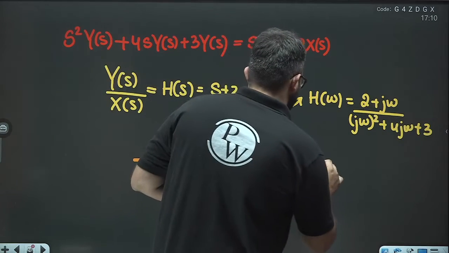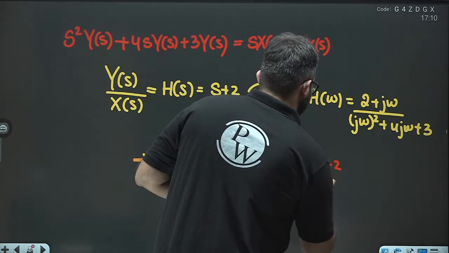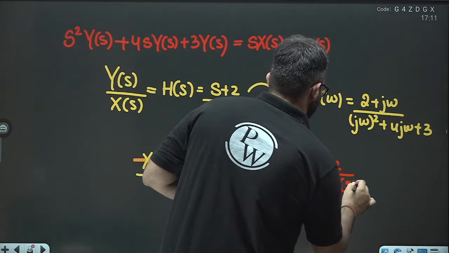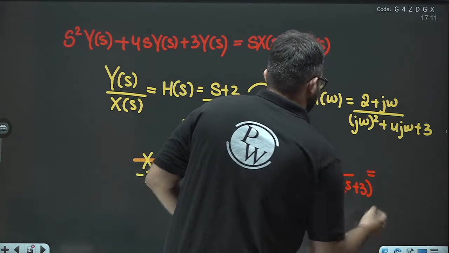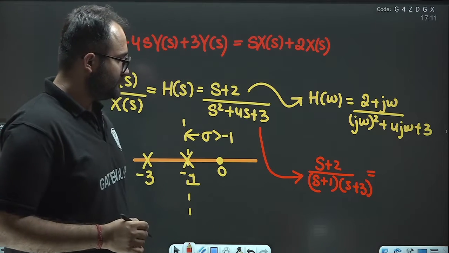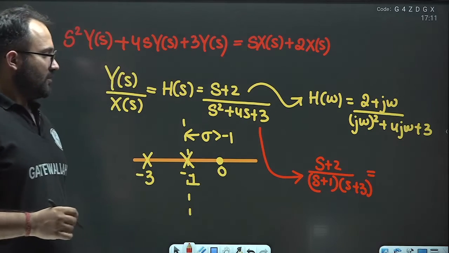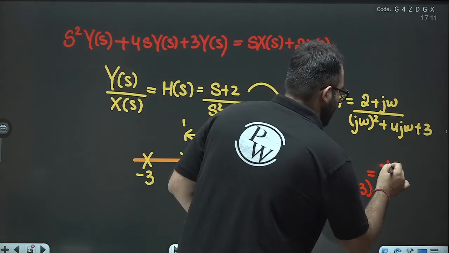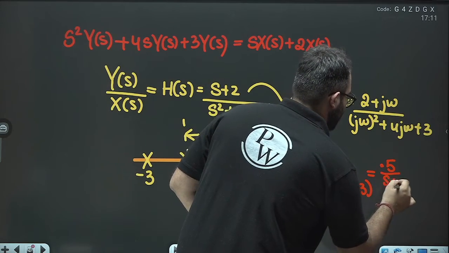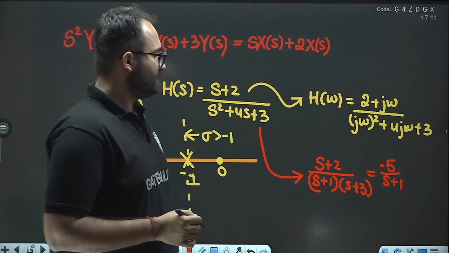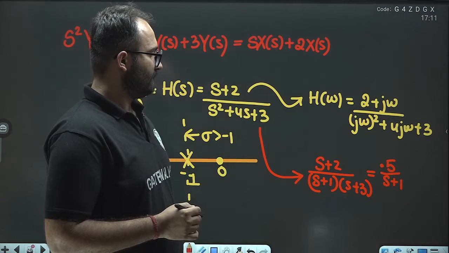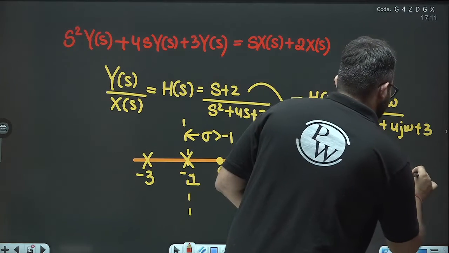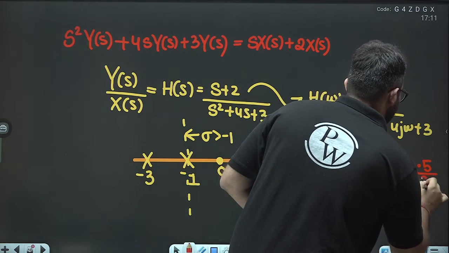First of all, we'll take the partial fraction. This is 0.5 upon s plus 1, and 0.5 upon s plus 3.